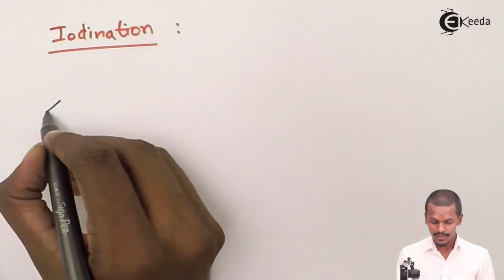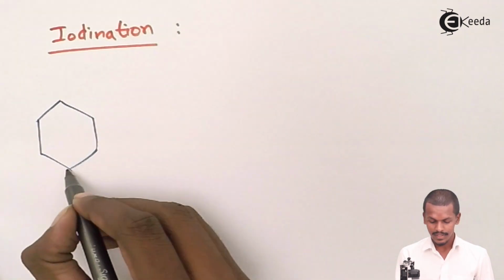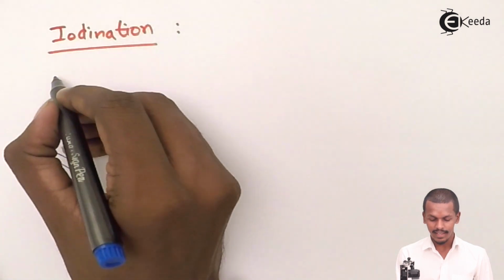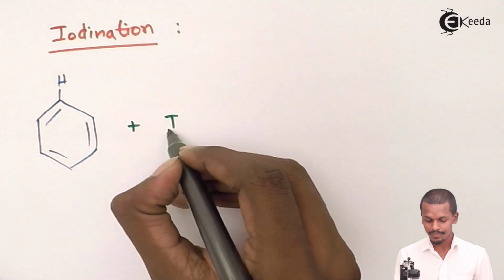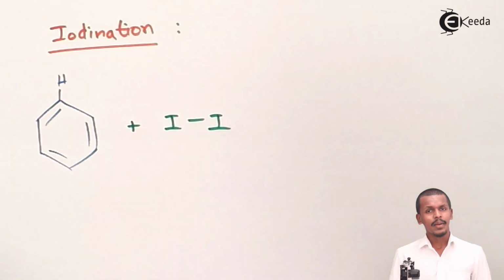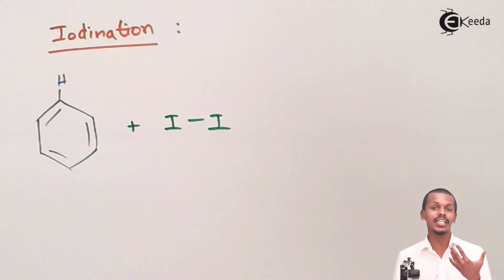So suppose I am taking benzene and reacting it with iodine molecule. But it has been found that this kind of iodination process is actually reversible.